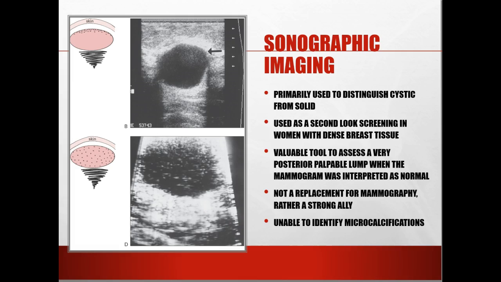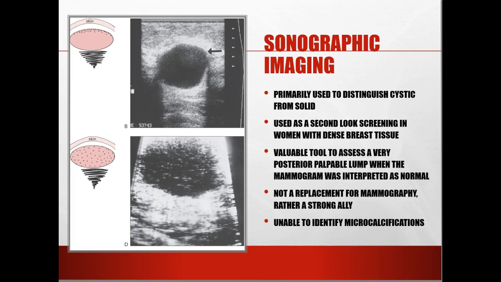But today there's also what we call whole breast automated ultrasound. It's a screening tool, and often even if nothing is seen or found on the mammograms, because the patient has dense breast tissue, it may be recommended by the radiologist for the patient to come in and have a screening ultrasound in conjunction with their mammogram.